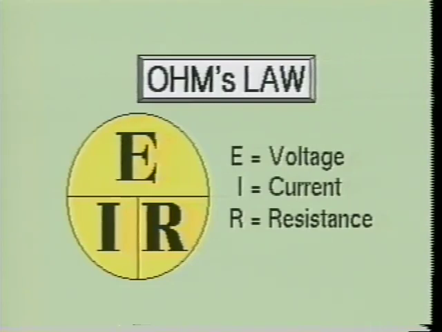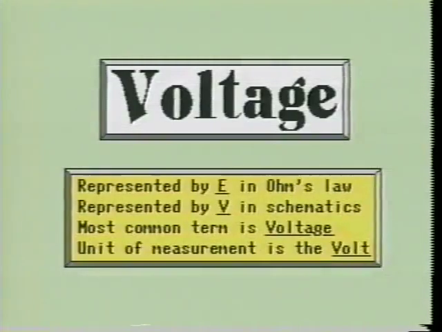Before going any further into Ohm's law, let's learn a little bit about voltage, current, and resistance to find out how each of these affect the circuit. The first variable we shall look at is the voltage, which is represented by the letter E in the Ohm's law equation. Other technical terms for voltage are electromotive force, difference of potential, IR drop, and volts. Of these, the terms volt and voltage are the most frequently used.